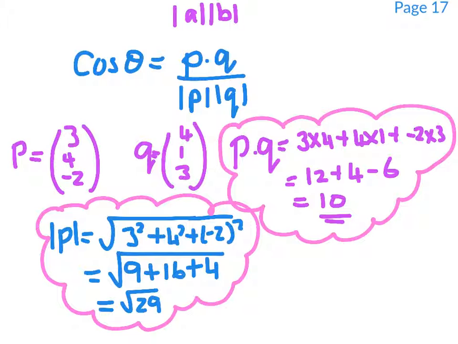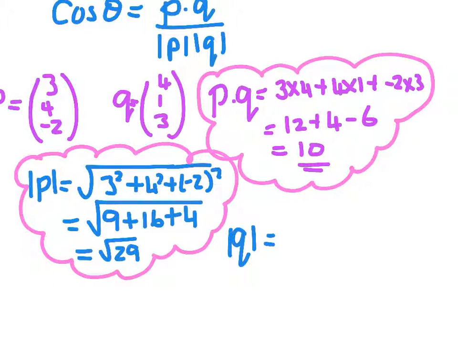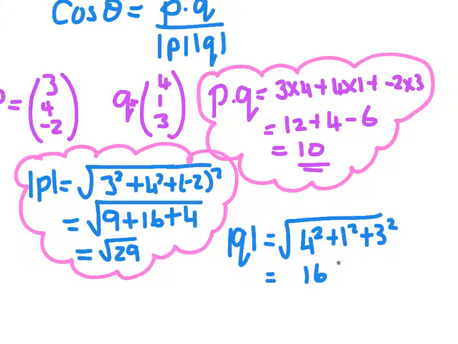And now we need the magnitude of Q. And that will be given by the square root of 4 squared plus 1 squared plus 3 squared, which is 16 plus 1 plus 9, which is the square root of 26.